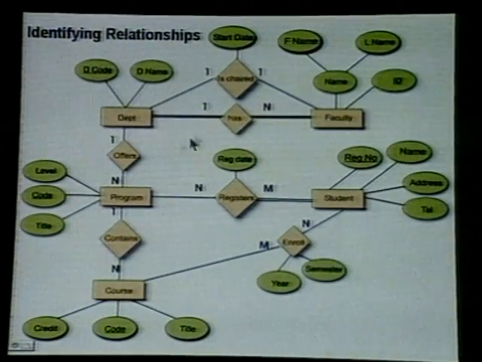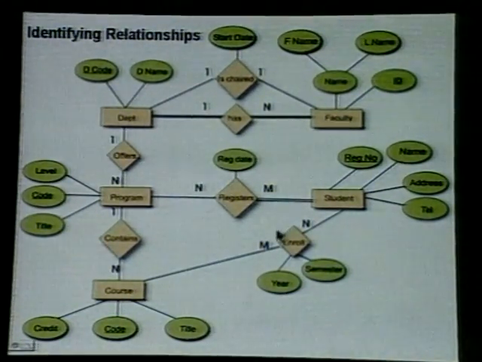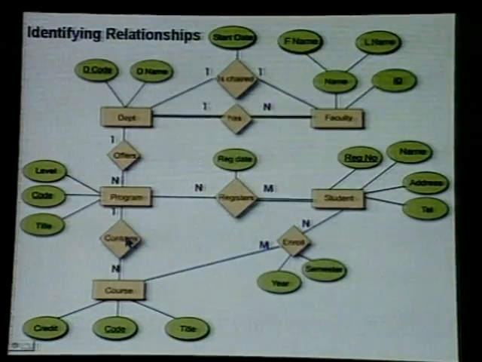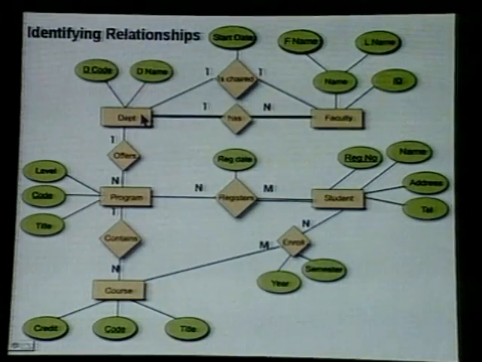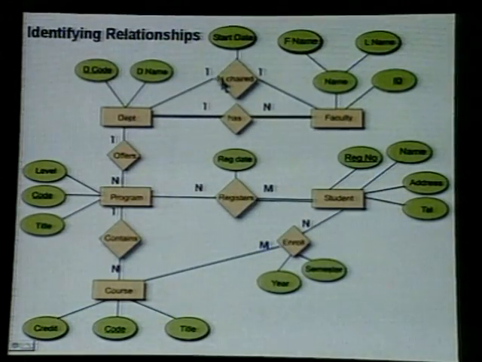So we have identified the relationship between different entities, but still a lot of information has to be displayed on the ER diagram, and the first is the cardinality. Now cardinality is shown by writing the number close to the relationship name.